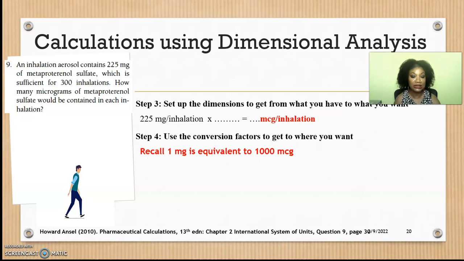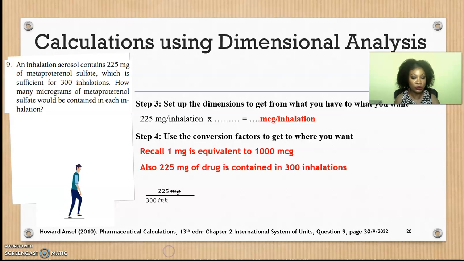So let's see how we can now use the conversion factors that we just spoke about. First, 225 milligrams is in 300 inhalations. So the conversion factor right there is 225 milligrams per 300 inhalations. We multiply that times 1000 micrograms divided by 1 milligram. That is the conversion factor.